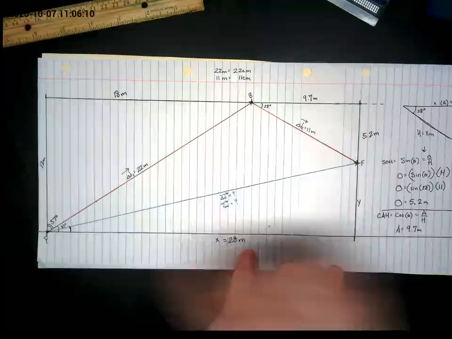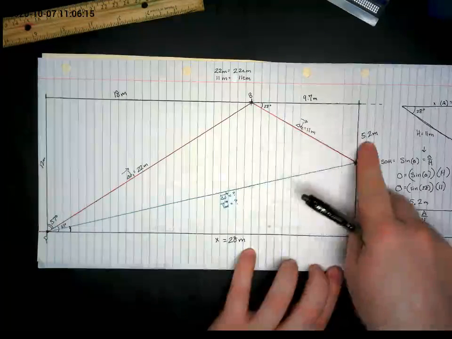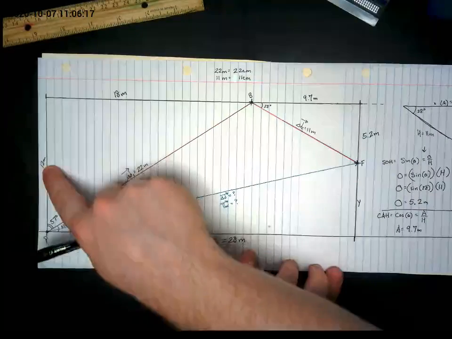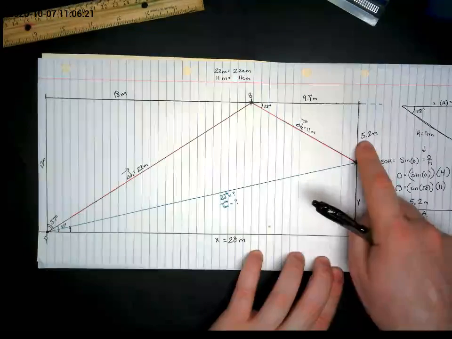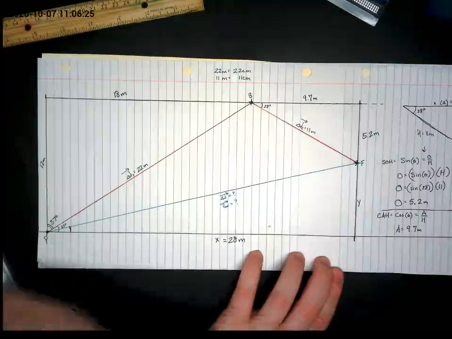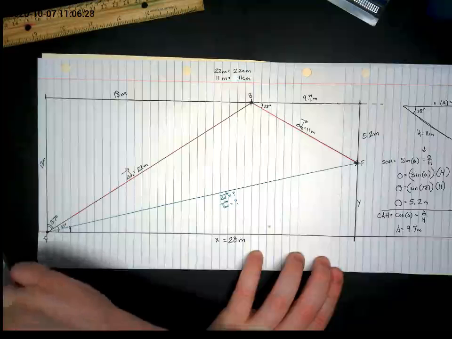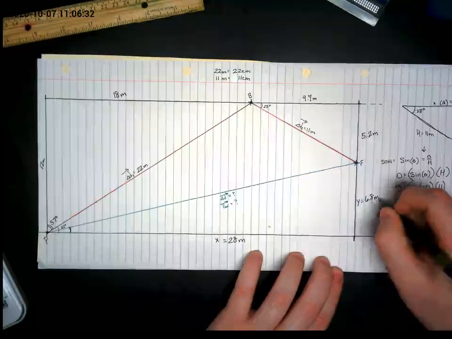So actually we did need to find this. We know it's 12 over here. The whole distance is 12. We found 5.2 over here. So 12 minus 5.2 means our y here is 6.8 meters.